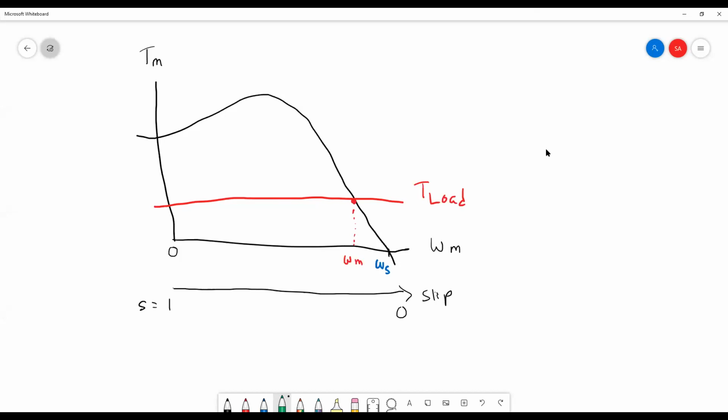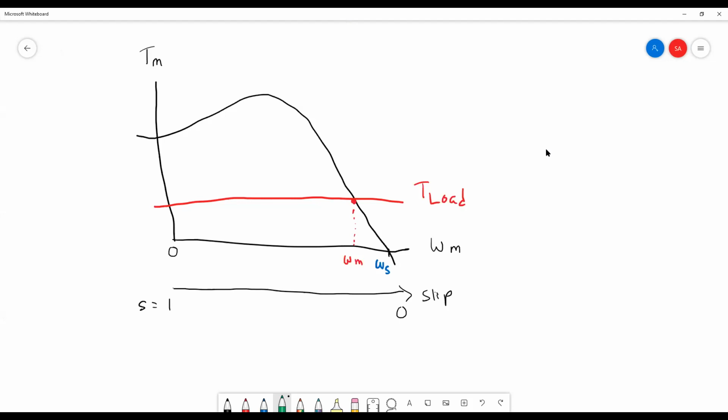What you need to do is control your system to meet the requirement required by your load. In this case, we are using a motor to meet the requirement of the load. So what you need to do is not change the load, but change the torque-speed characteristic of the motor.